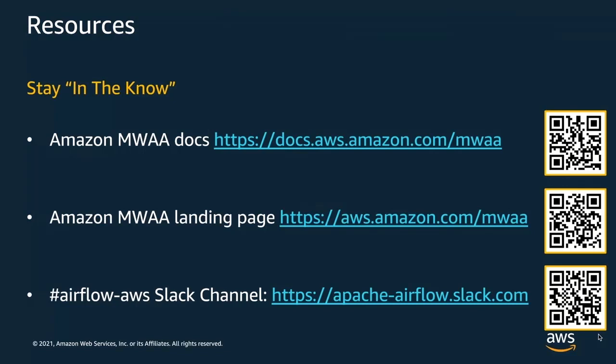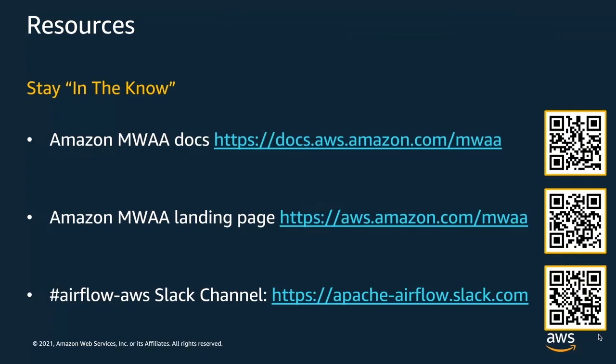As we saw, there's a quick start guide in the documentation. Off the landing page, you can also find a whole bunch about other capabilities and possible use cases that we see customers doing with MWAA.